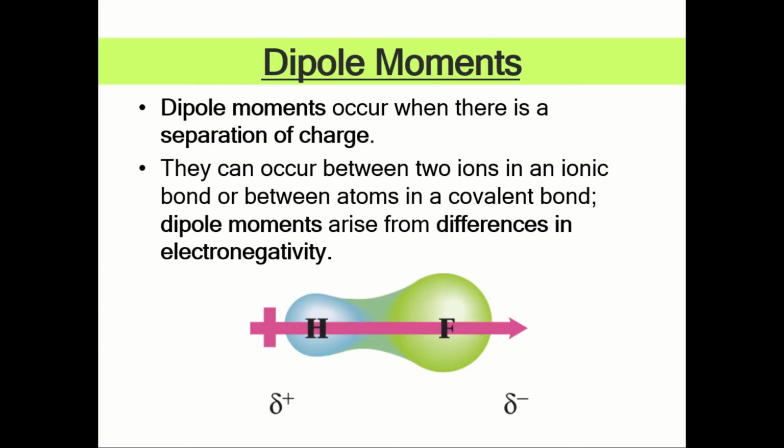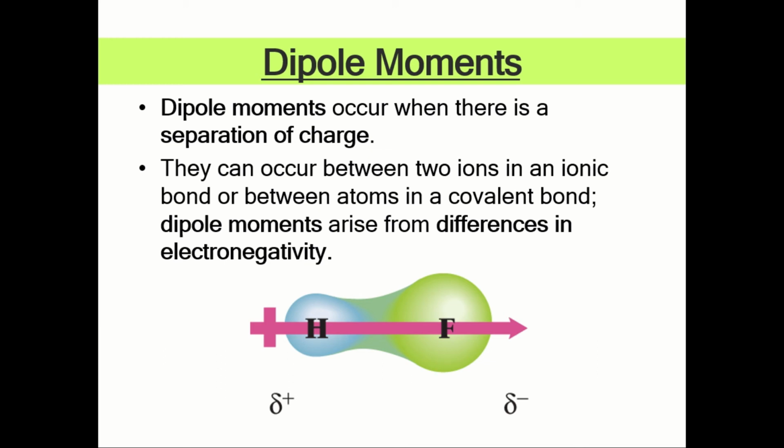Now let's move on to dipole moments. Dipole moments occur when there is a separation of charge. They can occur between two ions in an ionic bond or between atoms in a covalent bond. Dipole moments arise from differences in electronegativity. In short, dipole moments can usually be observed in polar bonds or polar covalent bonds.